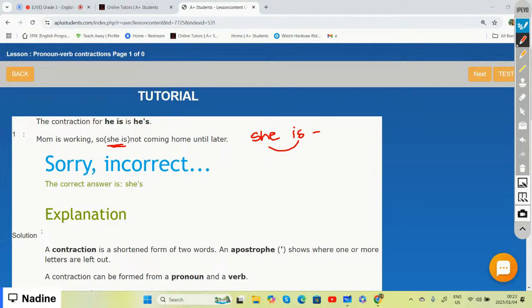All right. And if we were to shorten the word she is, then we will say it is she's, because remember the pronoun stays the same, which is she. We remove the I, we put an apostrophe in its place, and we bring down the S, which is she's. So now we say mom is working, so she's not coming home until later. She's.